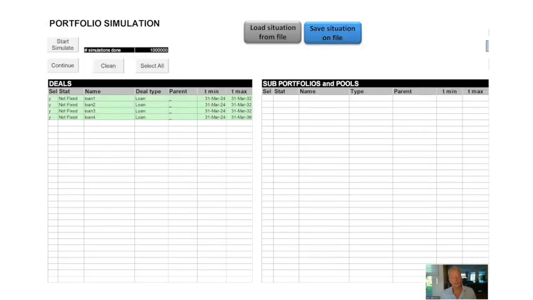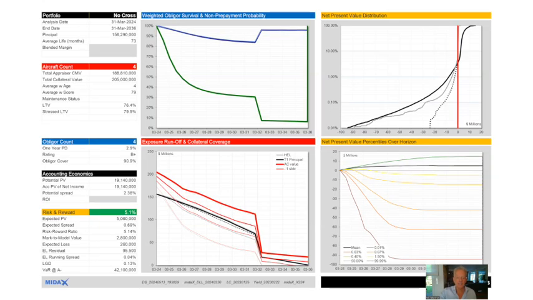Okay, so if I now read those 4 loans into the deal directory in MIDAX, and I then select all 4 loans, meaning that I'm going to run these as a portfolio, then I get the following portfolio results.